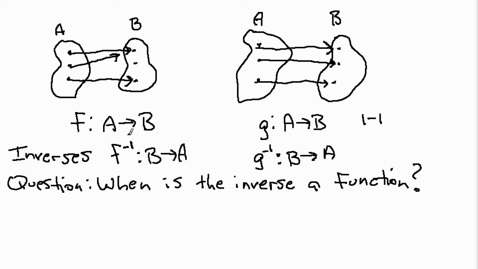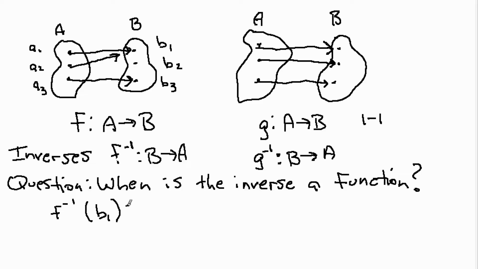Now, the first question is you may wonder, well, what do we mean by the inverse? Well, it turns out, for example, if we come over here and we were to ask what is the inverse of this point here, it would be both of these points. The inverse of this point here would be this point here. So again, if we came over here and we labeled the points A1, A2, A3, and we talked about B1, B2, and B3, and we were to come down here and we were to say, what is F minus 1 of B1?